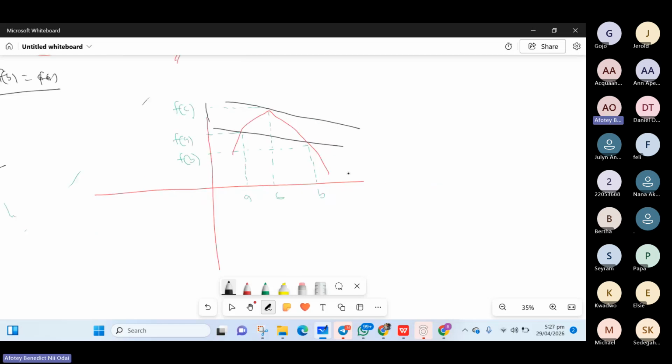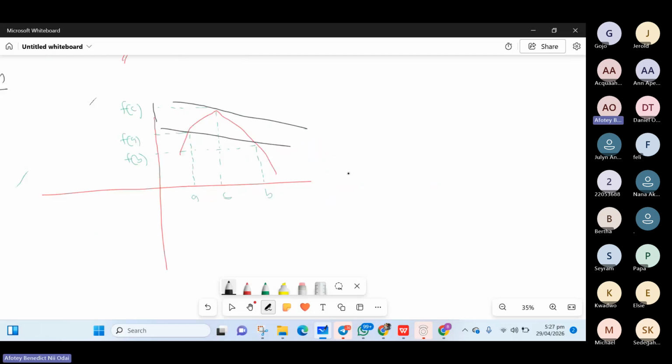What does this mean? What's the gradient of this line? The gradient of this line is f(b) minus f(a) over b minus a. Now, the gradient of this line would be the same as this gradient.